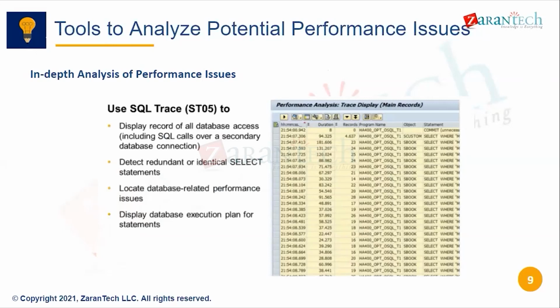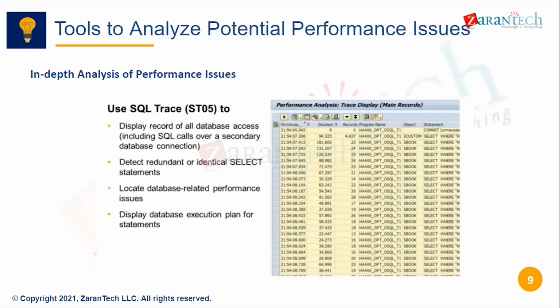If you go to the ST05 T-code, you can clearly see which object, which statement, has taken how much processing time. This particular T-code displays the record of all database accesses. If you have a sidecar scenario in your landscape, it also includes those SQL calls in this transaction code ST05.